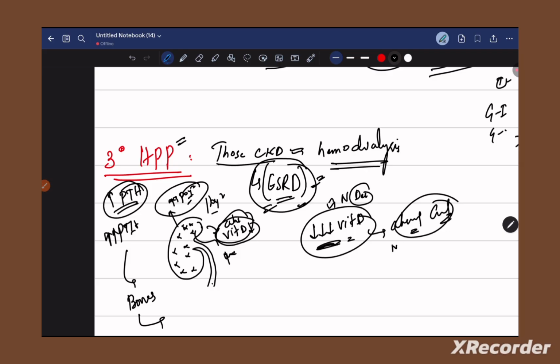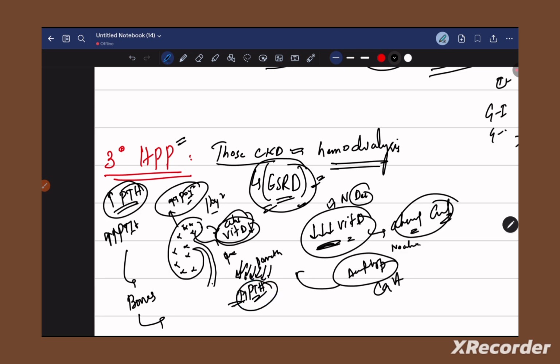When there is no absorption of the calcium from the gut, means there is acute hypocalcemia. This acute hypocalcemia will trigger the parathyroid gland. Hey, since there is no calcium in the blood, kindly secrete a lot of PTH. So in ESRD, in tertiary hyperparathyroidism, there is increased secretion of PTH.